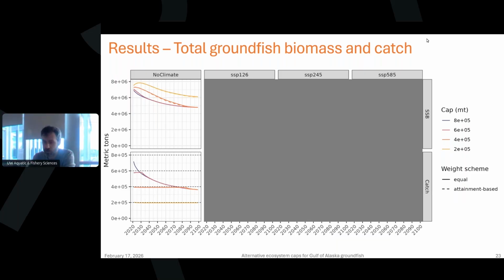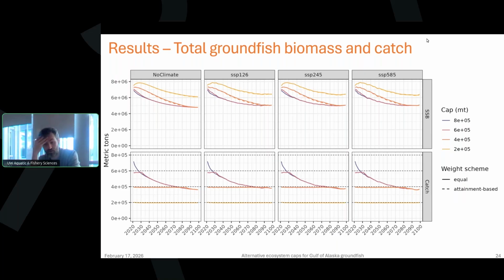The thing that did surprise me was that when we started doing climate runs, looking at the total groundfish complex, nothing really changes at all. That's not quite true, but there are very, very minor differences between these increasing emission scenarios and the one with no climate.